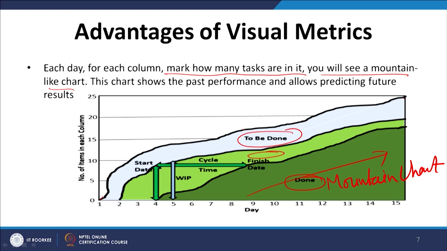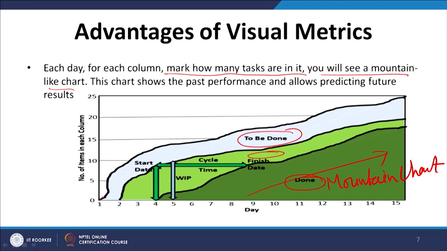And with the help of this visual display, you understand how these different activities are consuming my time. So, in this you have the items, how many items are there, and here how many days of time. If activities are taking more time, that gives you an opportunity to reduce those times.